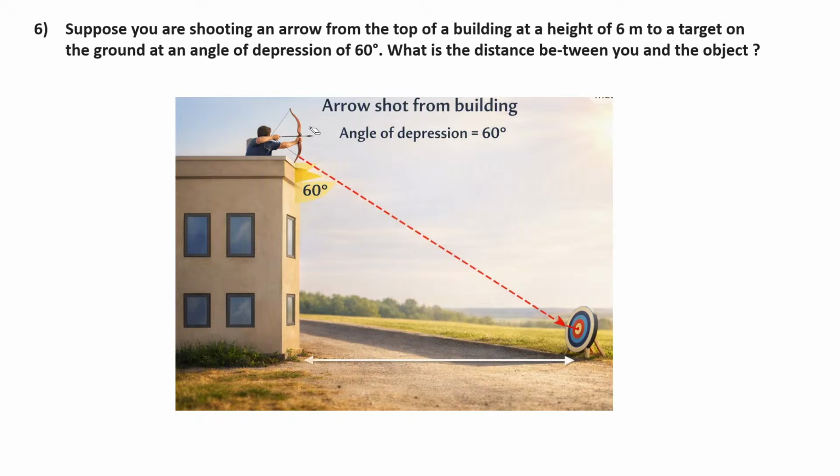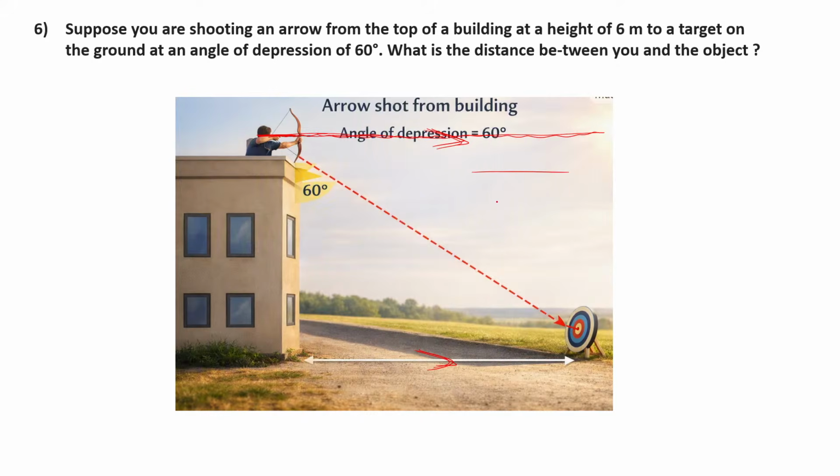Instead, I'll tell you very clearly, we need to draw an imaginary horizontal through the eyes of the observer. This imaginary horizontal line passes through the eyes of the observer and is parallel to the ground level.